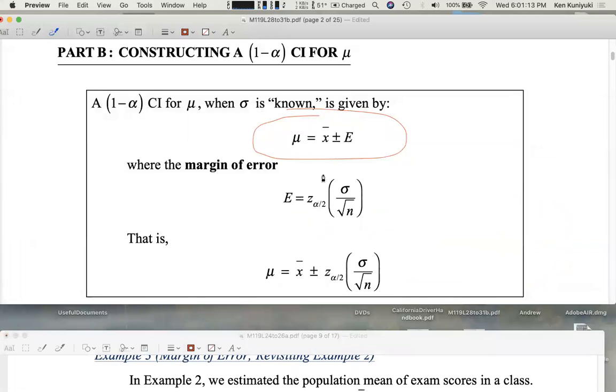Now, the margin of error is obtained by this formula, which is the positive critical value times the standard error of the x-bar distribution. So this all kind of makes sense.